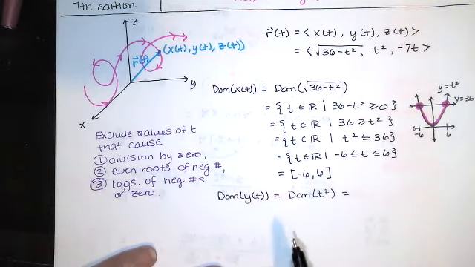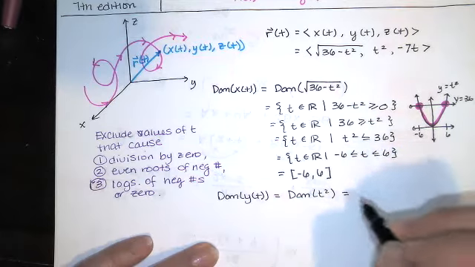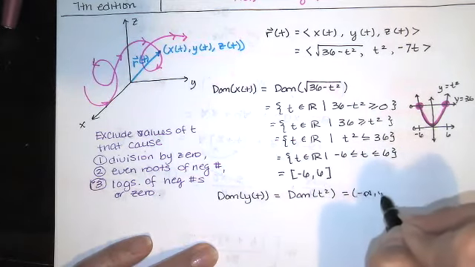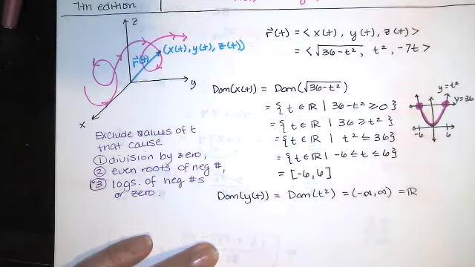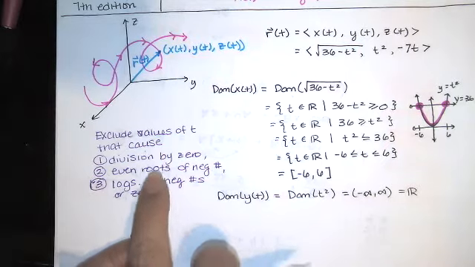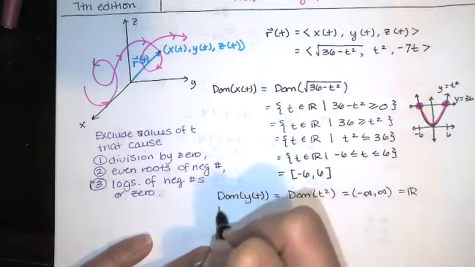There are no logs here. So what that means is I can put in any real number t I want, and I can square it, and that's going to be just fine. So the domain of this guy is all real numbers. You can write it as the R with the double bars, or you can write it as the interval from -infinity to infinity. Since there's no division, no even roots, and no logarithms, it's just all real numbers.